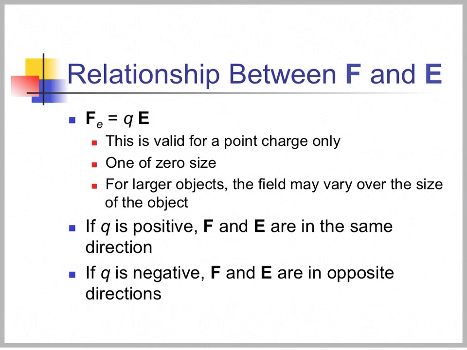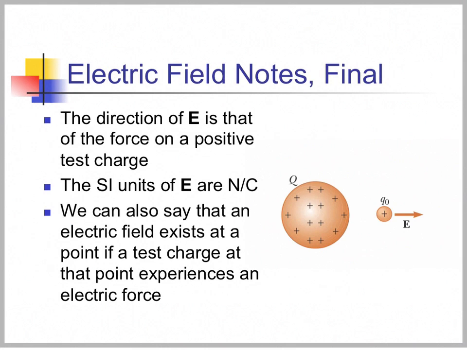Now, if the charge that is creating the field is positive, then the force and the electric field are in the same direction. If the charge is negative, force and electric field are in opposite directions. So the direction of E is the same as the force that would occur on a positive test charge.